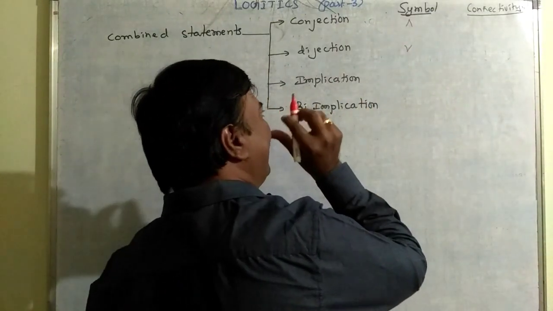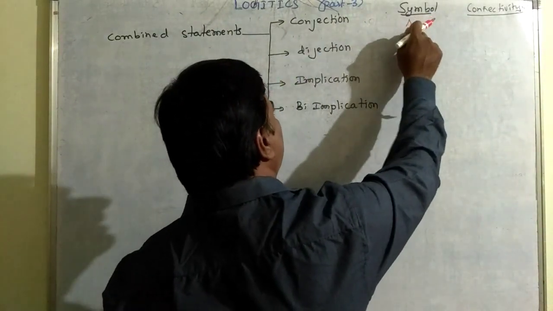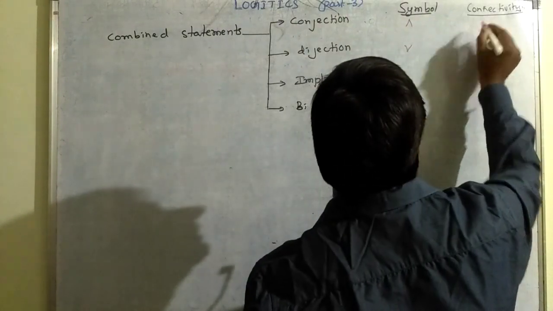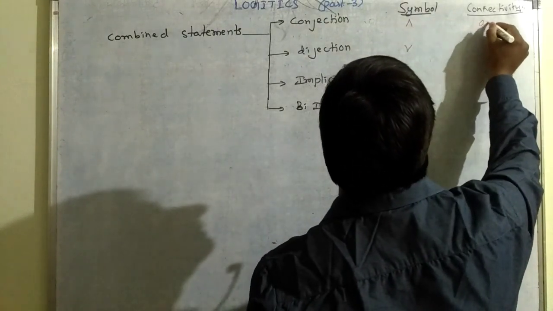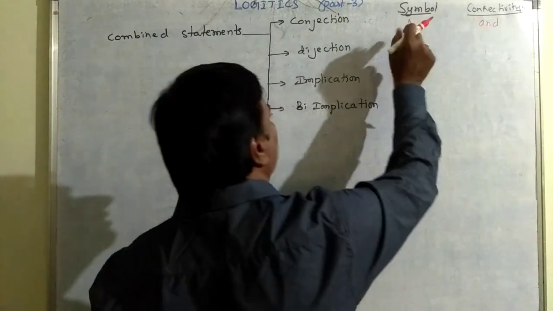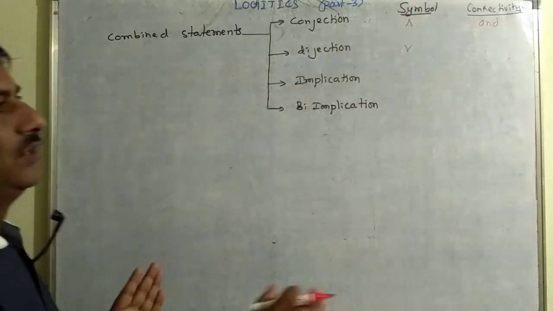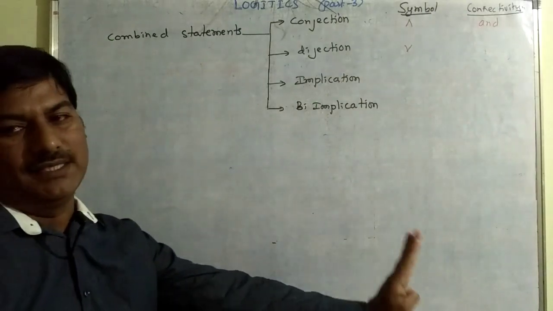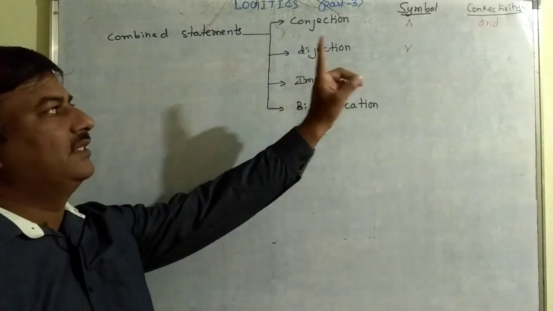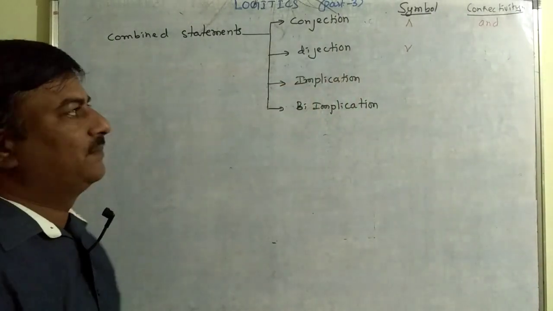Conjunction means in wordings 'and': it is present in both the first statement and the second statement, it accepts both statements.